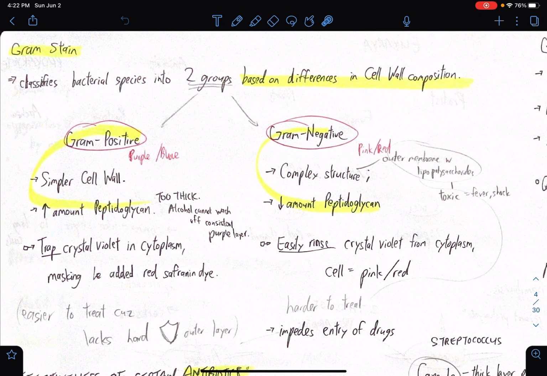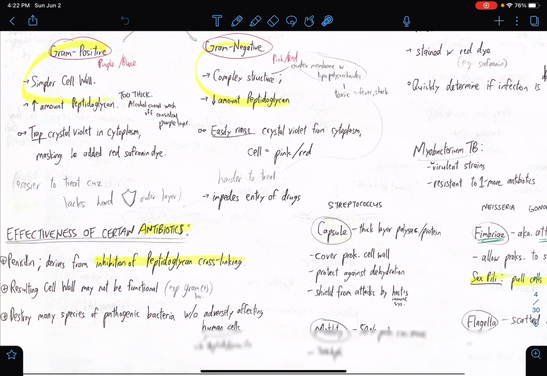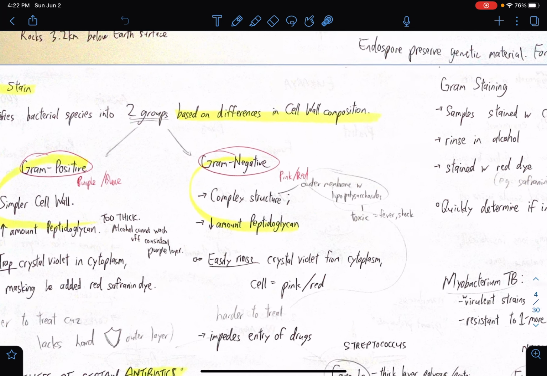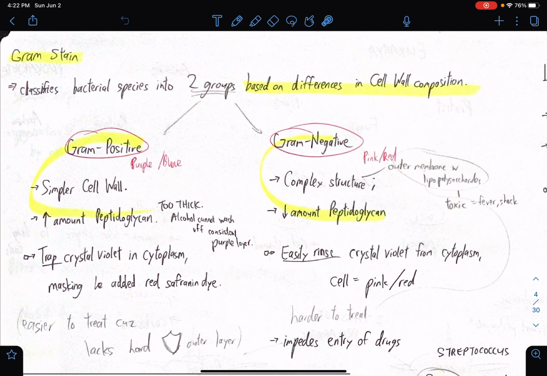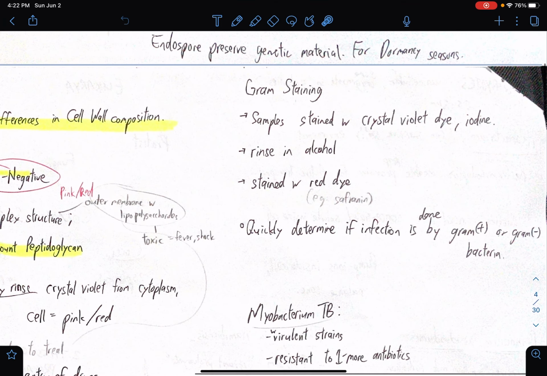That's the tendency. So yes, regarding how you determine whether a bacteria is gram positive or gram negative, it has something to do with the safranin and there's another solution.